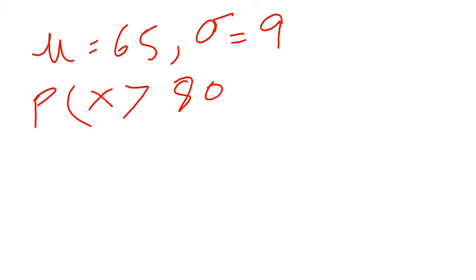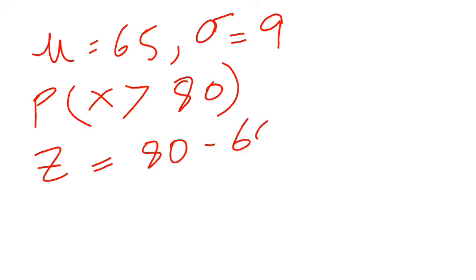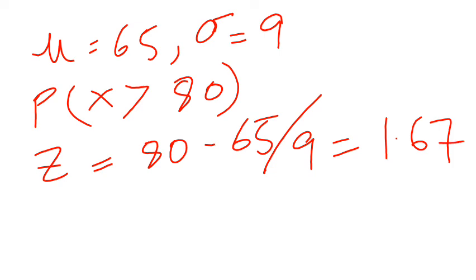We want to know the probability that x is greater than 80. To do so, first we transform x variable into z. So 80 minus mu over 9, so it is 1.67. This is how we transform x variable into z variable.